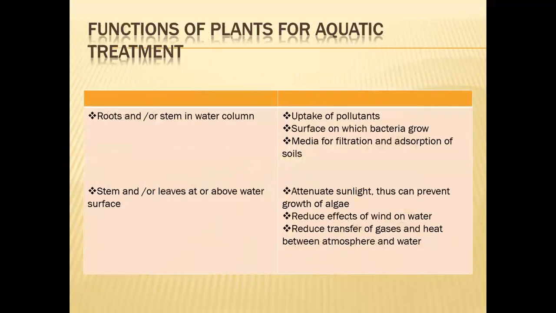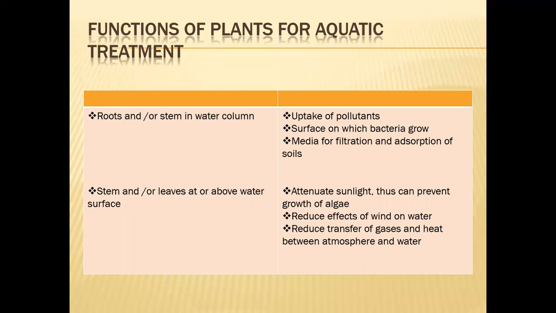Moving to the next slide, functions of plants for aquatic treatment. It means the different parts of the plants play a specific role in the cleaning of contaminants from aquatic treatment.